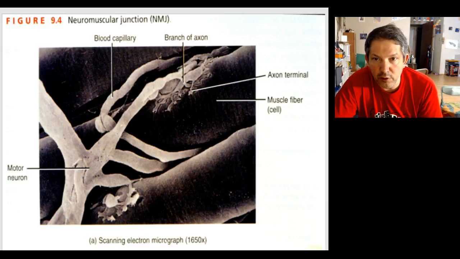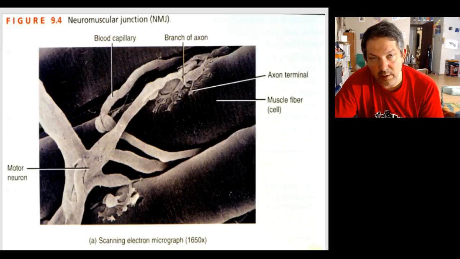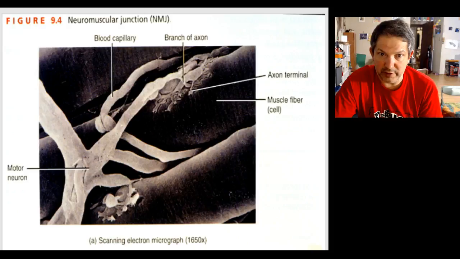So here's a neuromuscular junction, the junction between one neuron and one muscle fiber or one muscle cell. Now this motor neuron branches, and look, here it's branched and it's touching a different muscle fiber. So one neuron cell can excite multiple muscle fibers, multiple muscle cells, but it's all or none, right?